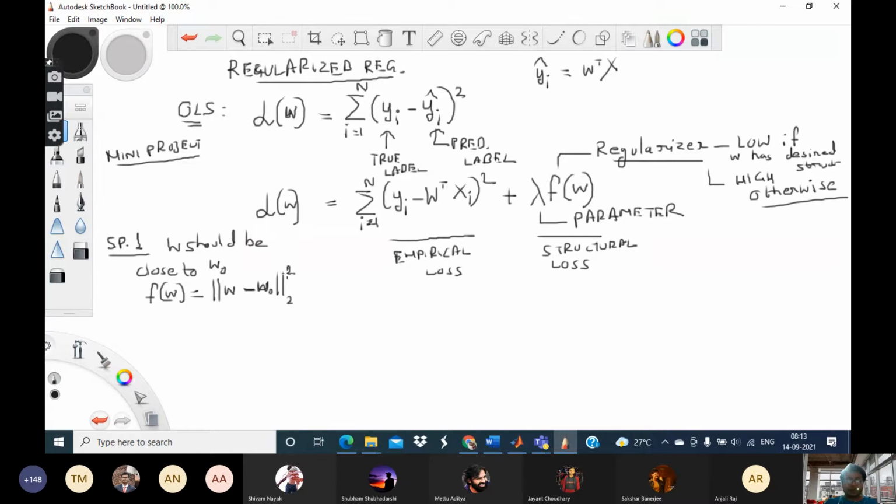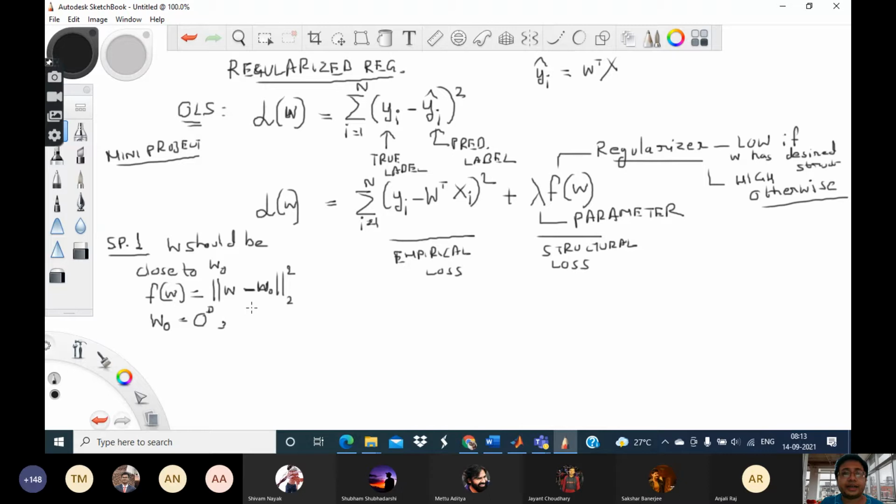And we also saw yesterday that if W naught is the zero vector, that is a d-dimensional zero vector, then basically this constraint means that all the dimensions of W should be small, should be as close to zero as possible. Okay, so that is what we had initially talked about.